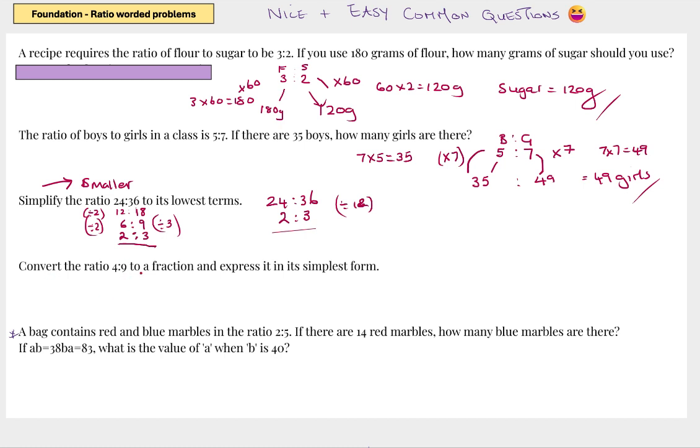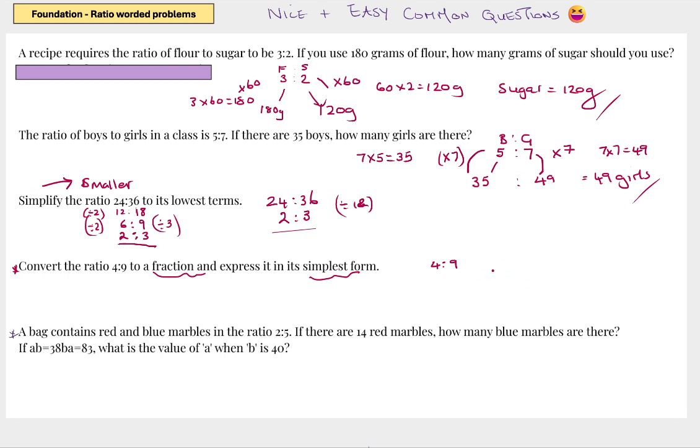Convert the ratio 4:9 to a fraction and express it in its simplest term. So this would be a little bit harder. The ratio is 4:9, and it's asking us to convert it into a fraction in its simplest form. Remember, simplest form is to make it as small as possible.